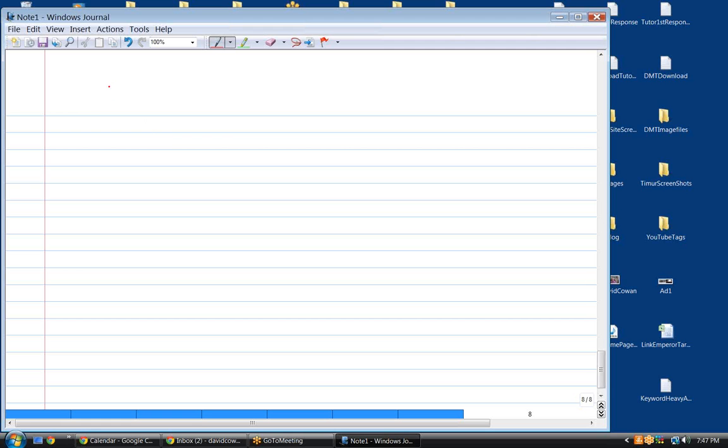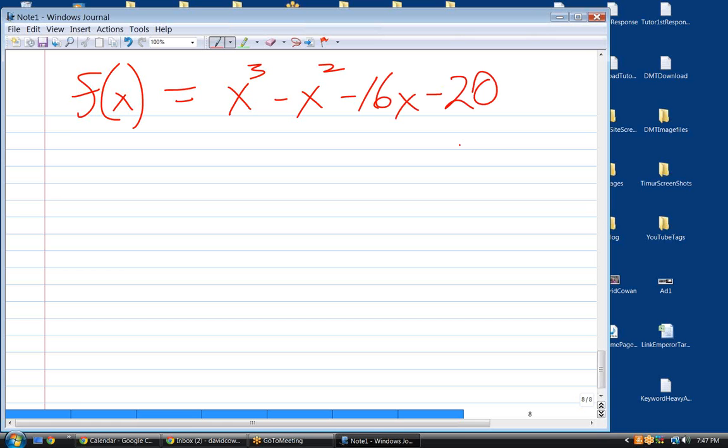So f of x equals x cubed minus 2x squared minus 16x minus 20, given that x equals negative 2 is a root. Okay, so x equals negative 2 is a root. So let's synthetically divide it, and we'll have what our remaining quadratic is. And then we can factor it. And then we can graph it.